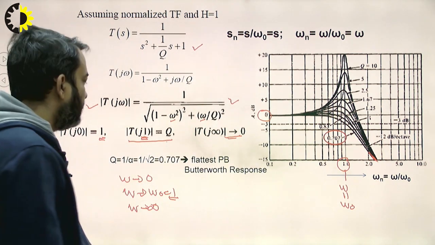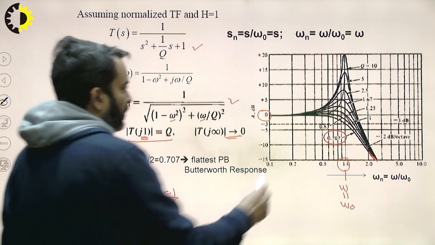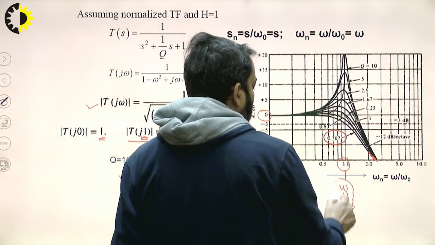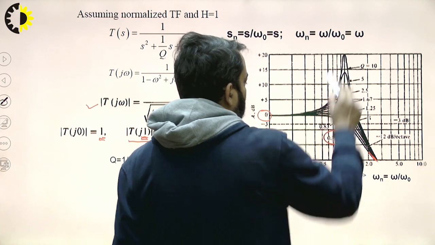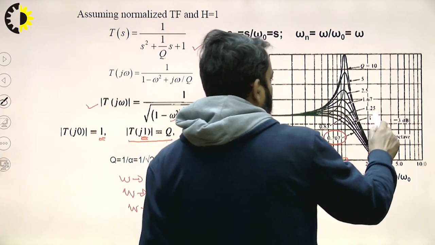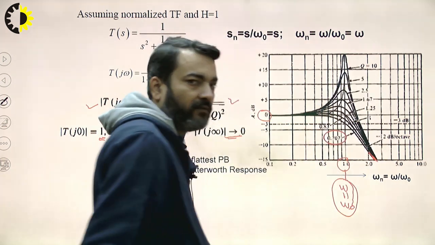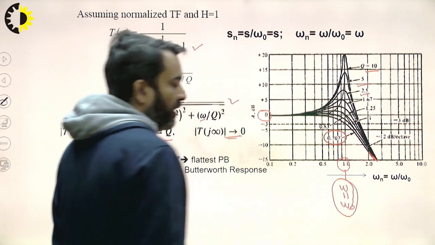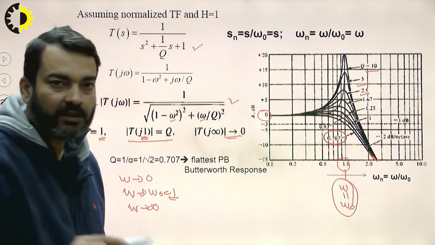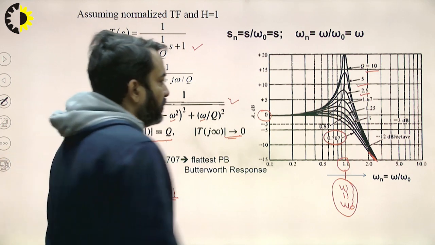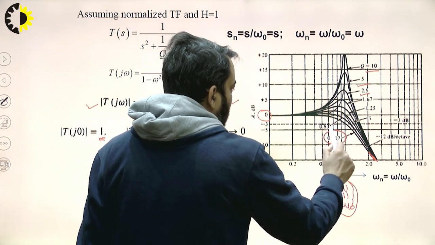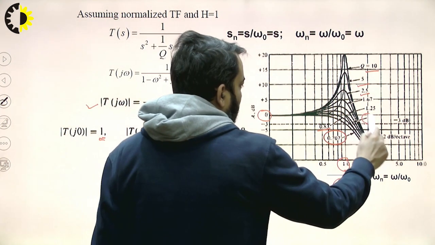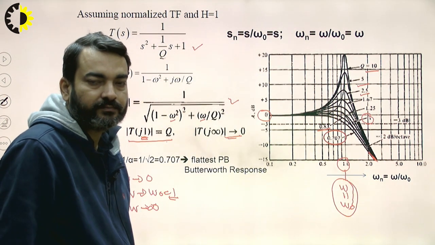So if we are increasing Q, we will have increasing magnitude at this corner frequency point. Here we see the plot for different values of Q: Q equal to 10, 5, 2.5, and in a similar way if we decrease Q, the magnitude will decrease. For example, this is 0.83, this is for Q value 1.